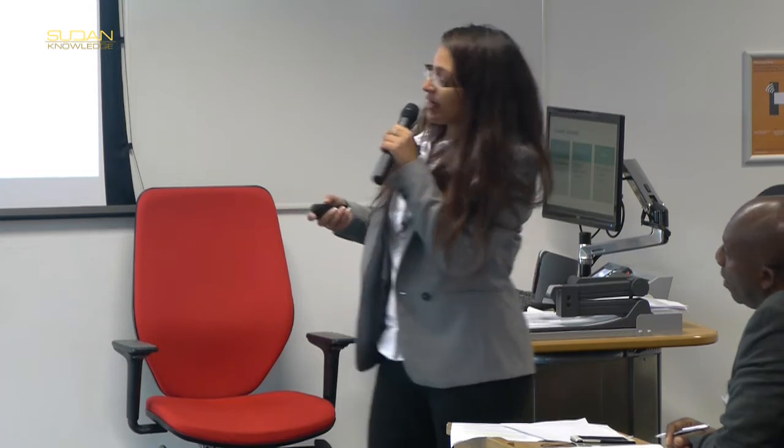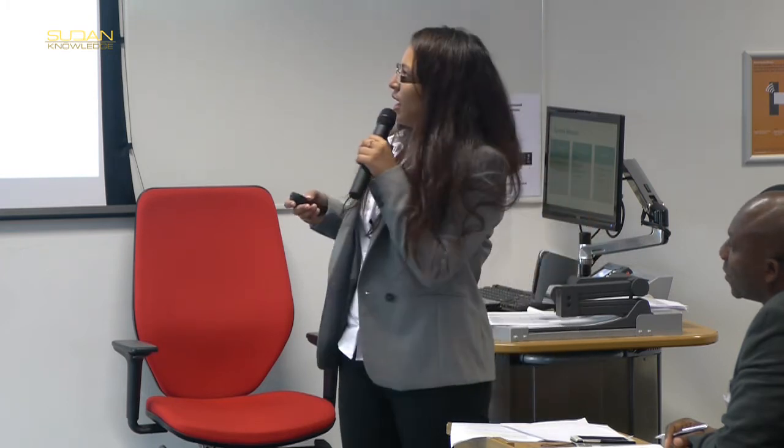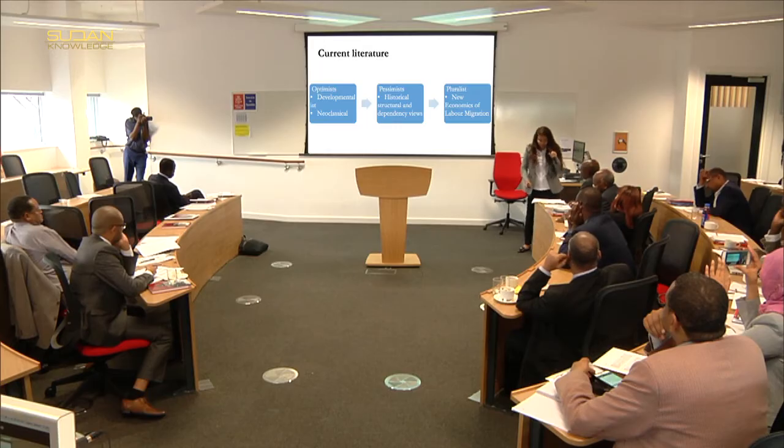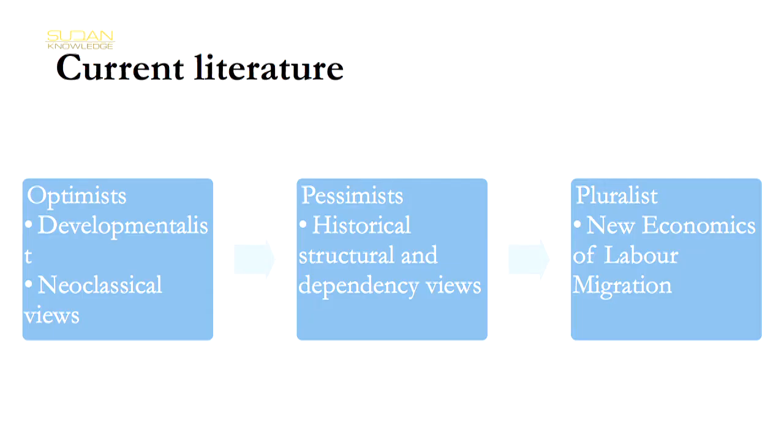Whereas the pessimists view migration in a negative light. They think that the sum of remittances sent back home is too small to make any substantial impact on the national economy. Another thing that the pessimists, or historical structural dependency theories, think is that it's not the poorest in society that choose to migrate, it's the richer households.